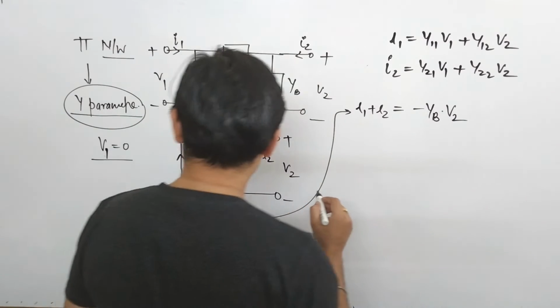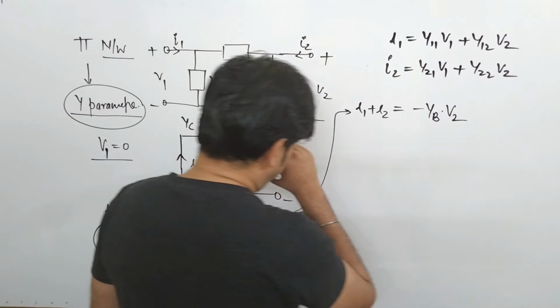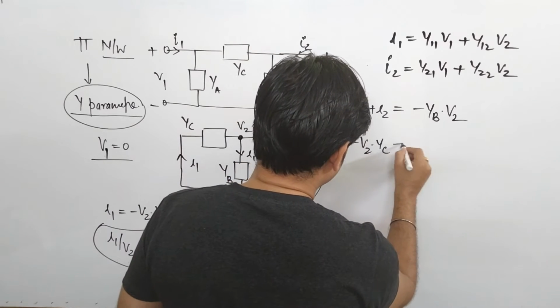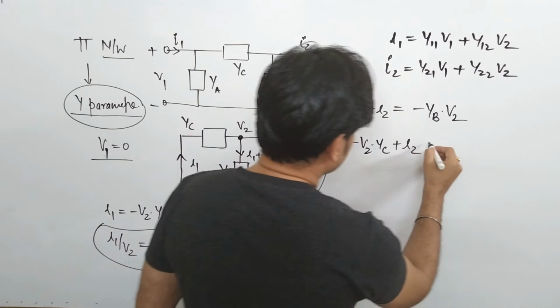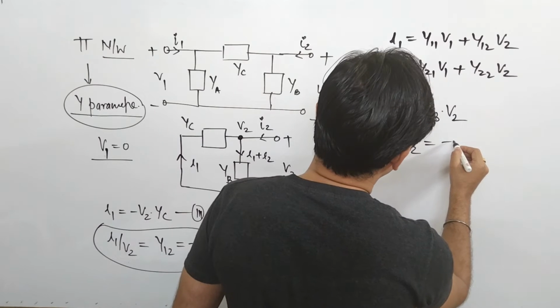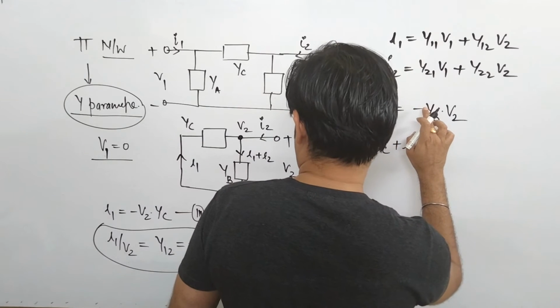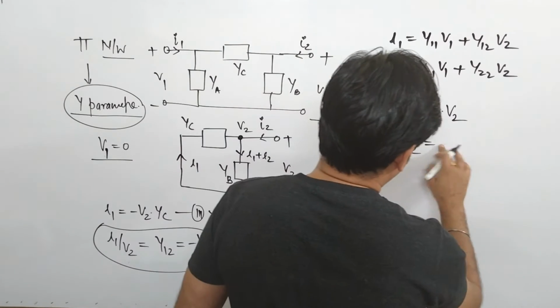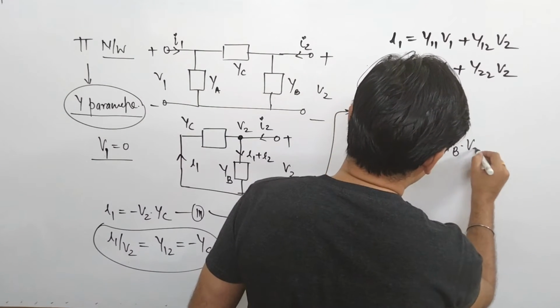So from here you can say that minus V2 YC plus I2 is equal to, this is plus, okay, this is plus YB into V2.